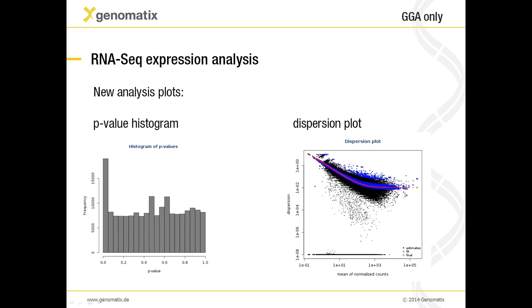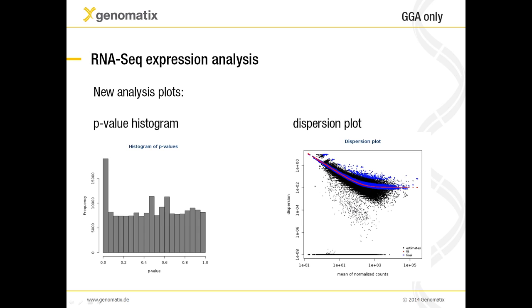Now, what is done is we fit a curve, and the shape of that curve is actually influenced by whether you have a parametric fit or a local fit or the mean fit. We fit the curve in here, which represents the assumption that we have actually this dependency of dispersion on the expression.